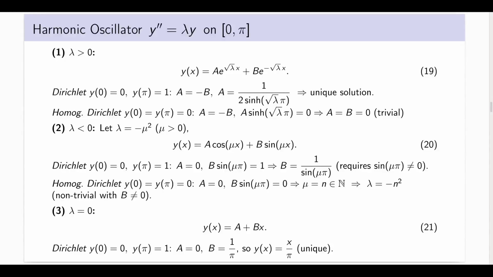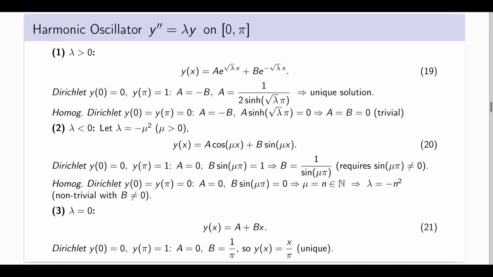The harmonic oscillator equation beautifully illustrates how boundary conditions determine possible eigenvalues. When lambda is positive, the solutions grow or decay exponentially, so only the trivial solution satisfies homogeneous boundary conditions. For negative lambda, the solutions become oscillatory, sines and cosines, and the boundary conditions restrict them to discrete wavelengths.